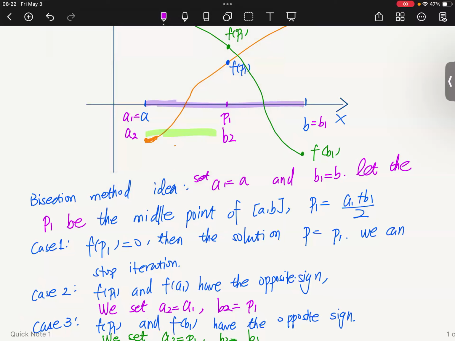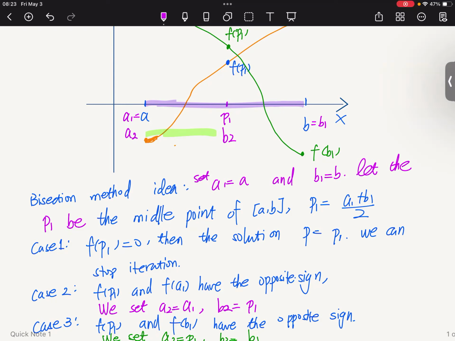And so you can continue the bisection process. For example, on this interval you keep doing the bisection and take the middle point, and the notation is P2. If you take a look at P2 and the function value at the middle point of this interval, and it equals 0, then we stop the iteration here.